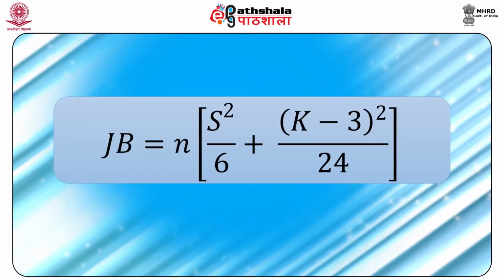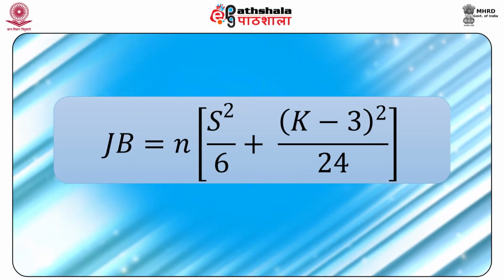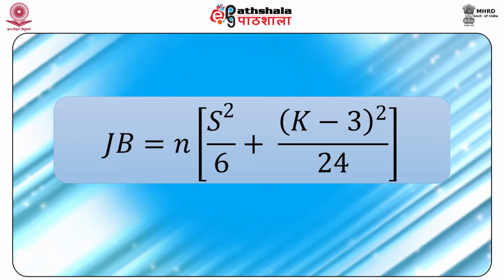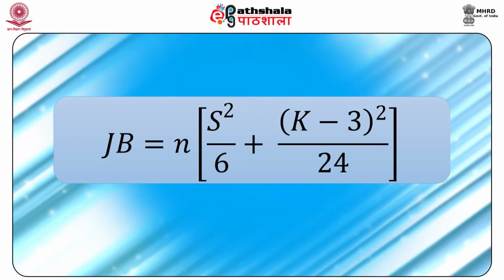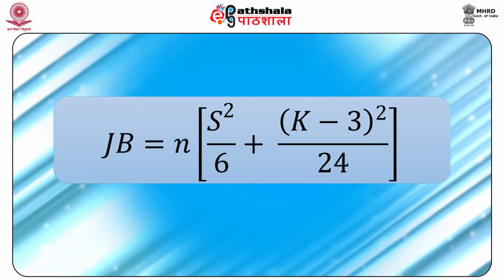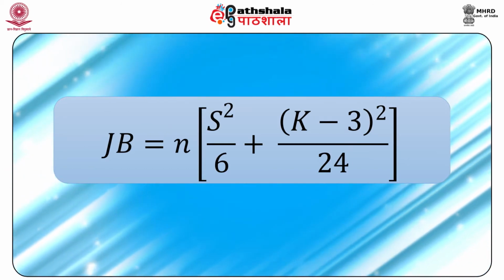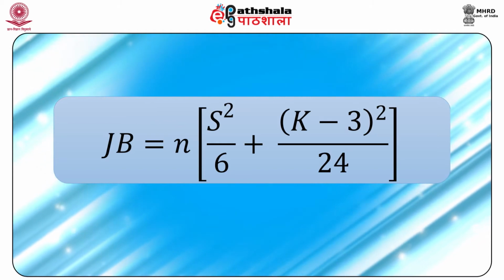The formal test can be done by the Jarque-Bera test of normality, which is defined as follows: JB equal to n into S square by 6 plus K minus 3 square by 24, where S means skewness and K means kurtosis.